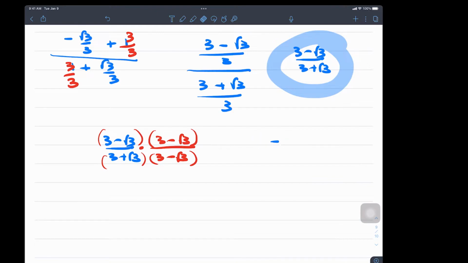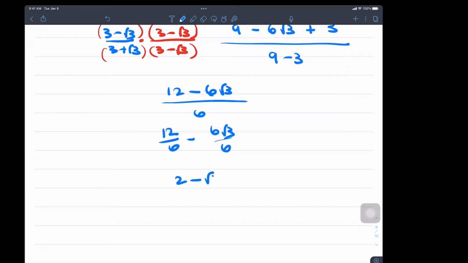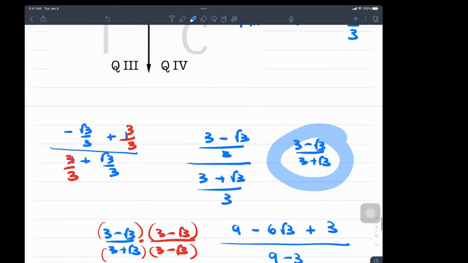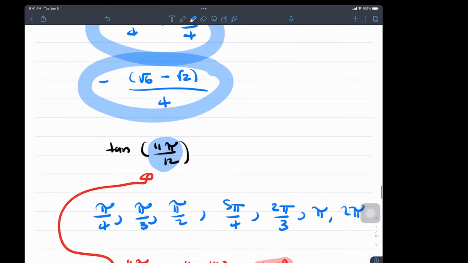FOIL here. 9 minus 6 square root of 3 plus 3. Double check. And then that's going to be 9 minus 3 down here. Two minus the square root of 3. Was that what we got earlier? That's weird. Did we do this one earlier? Did we do tangent of 165?